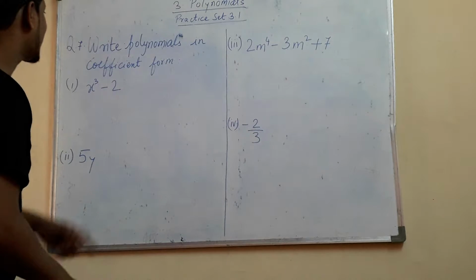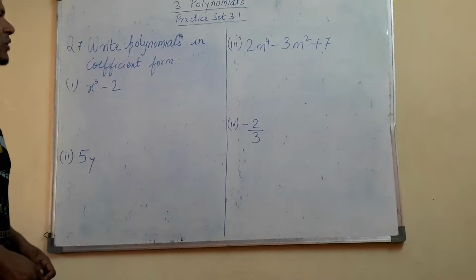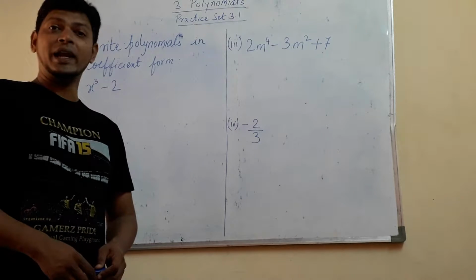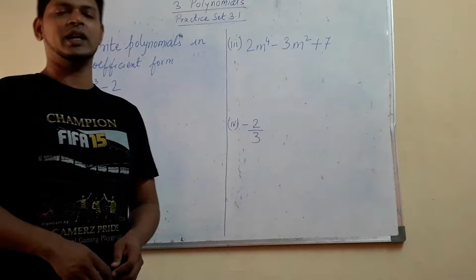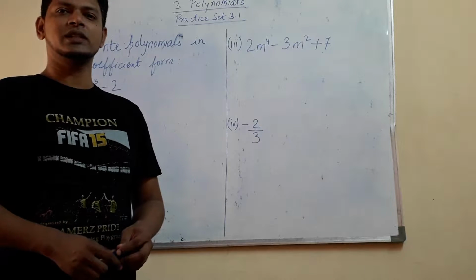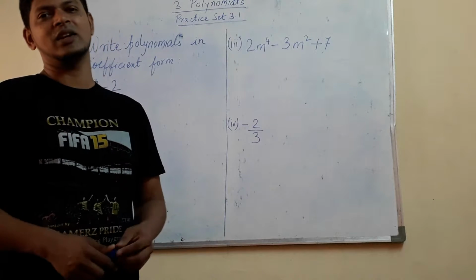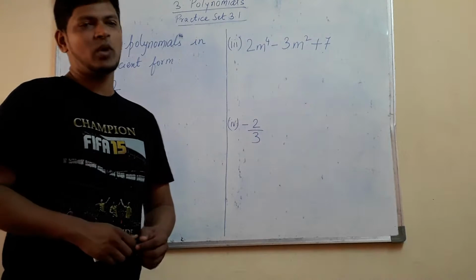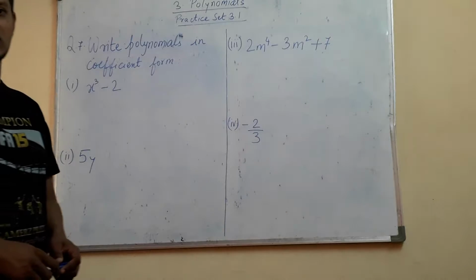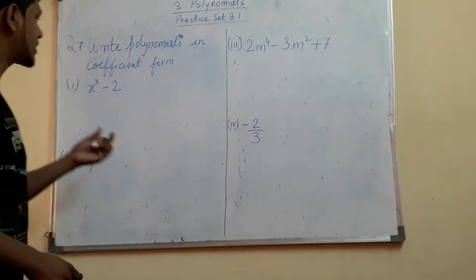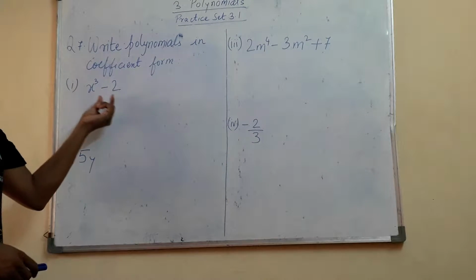So let us see. Write the polynomial in coefficient form. To write the polynomial in coefficient form, first we have to write it in the index form. So first let us understand what is index form and then the coefficient form. Index form means if in the polynomial you have missing terms, like for example here it is x cube minus 2.